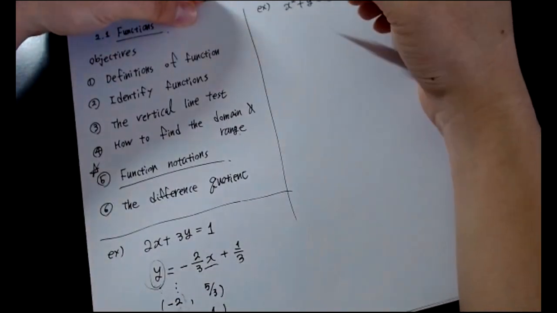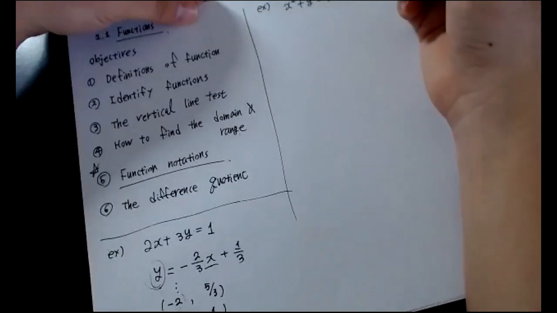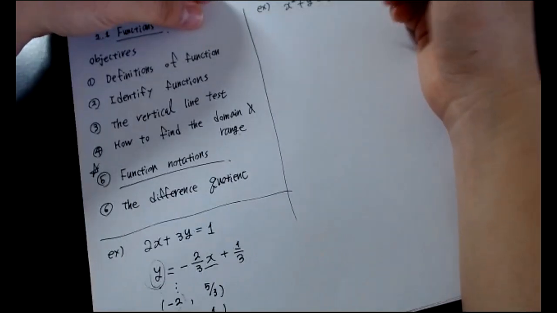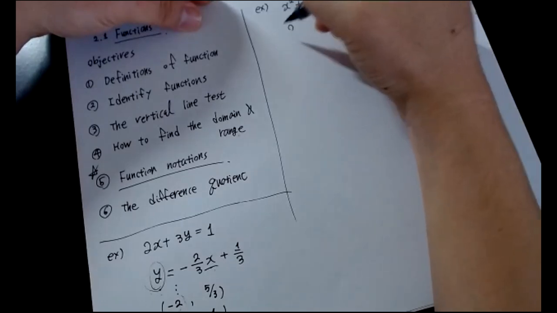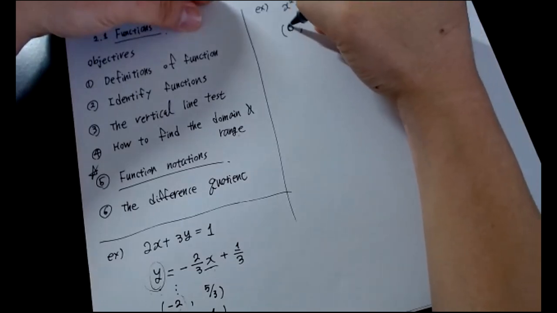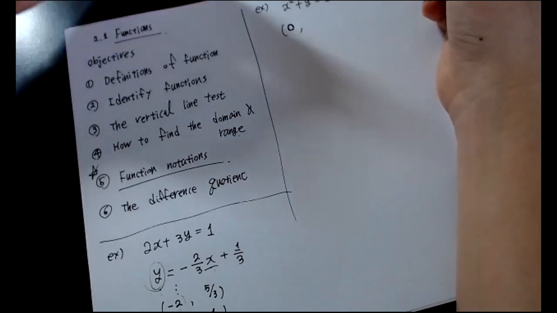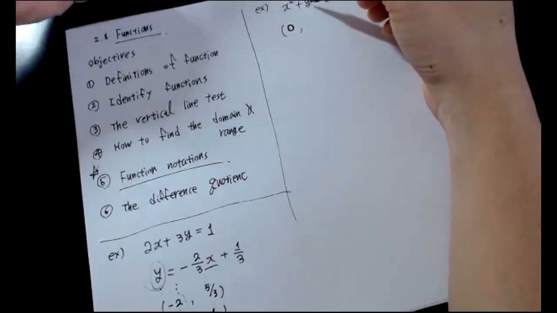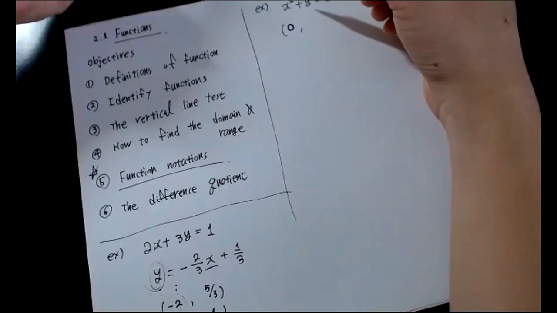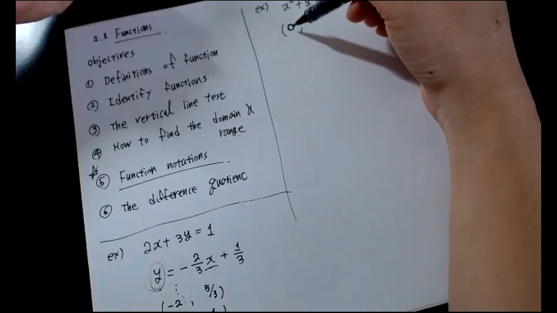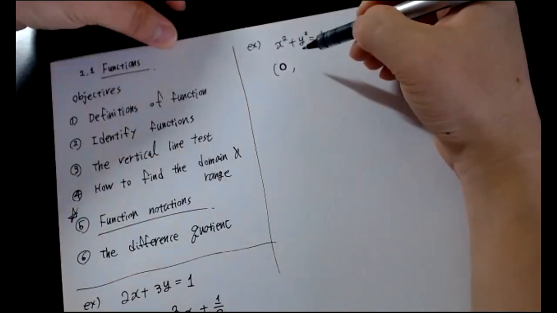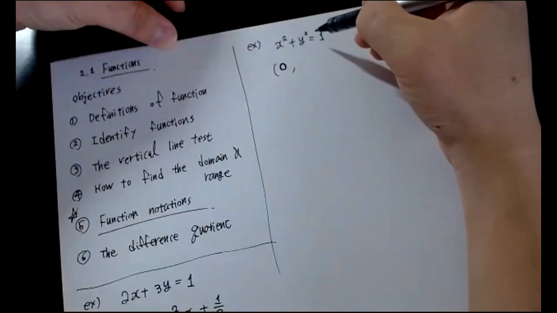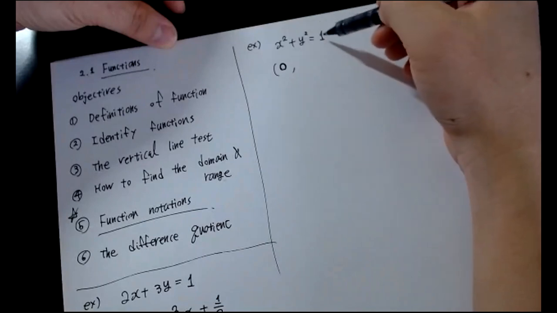Think about this. When x equals 0, let's try to find the variable y corresponding to x equals 0. x squared plus y squared must be 1, right?